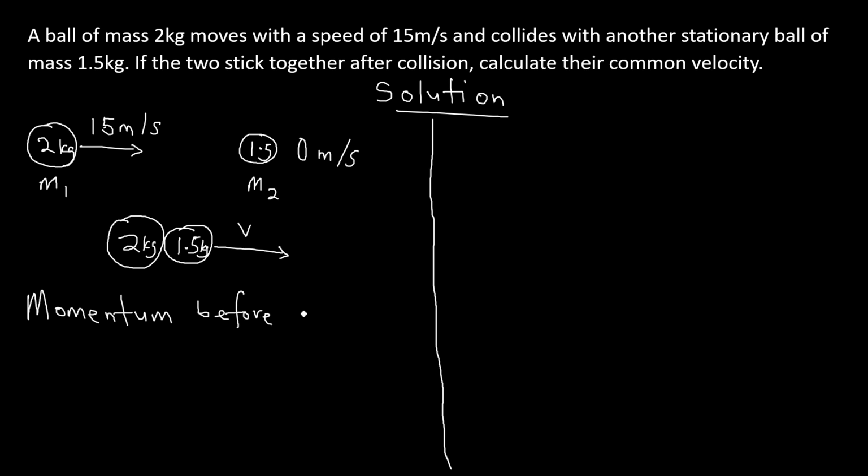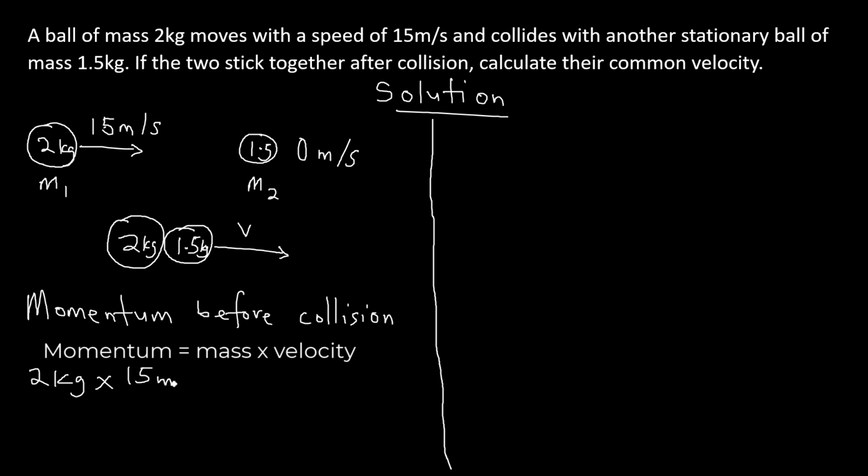And momentum is mass times velocity. So what's the momentum of the first object, M1? That is the mass, which is 2 kilograms, times the velocity, 15 meters per second.